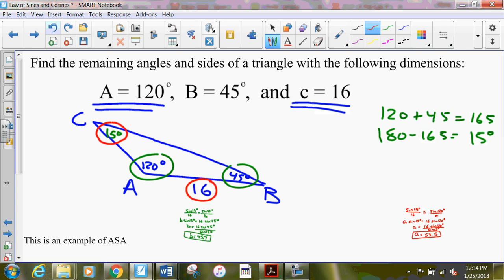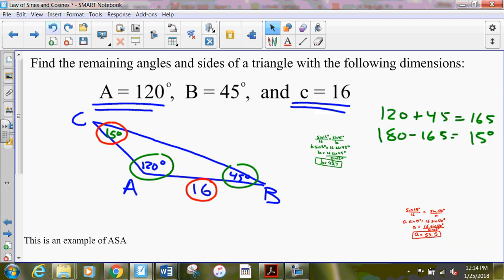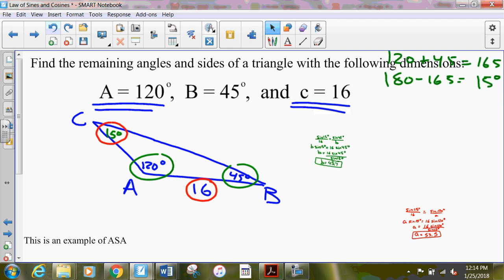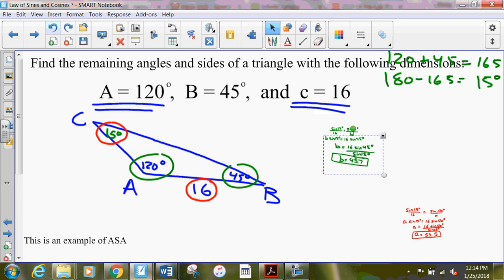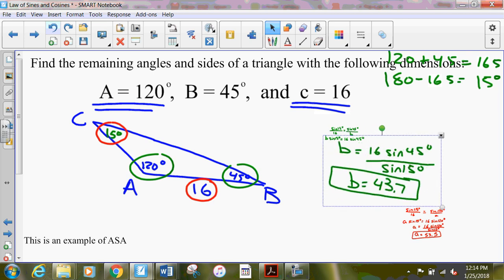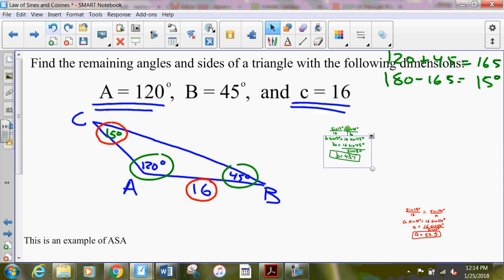Now we can set up our law of sines, and we did this in class.